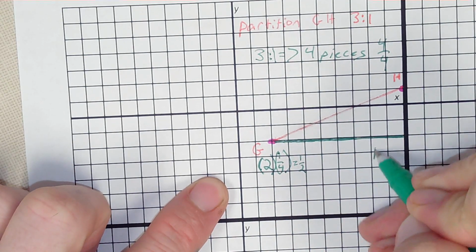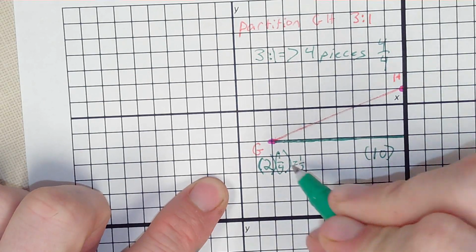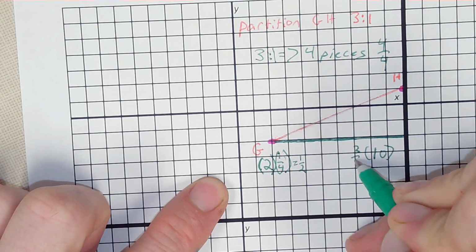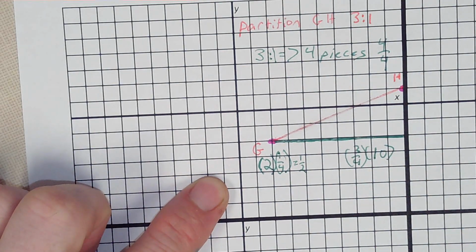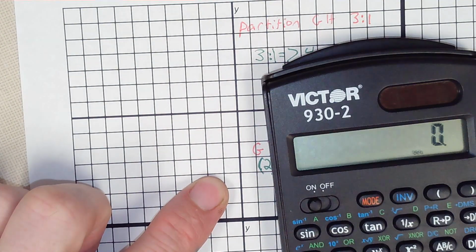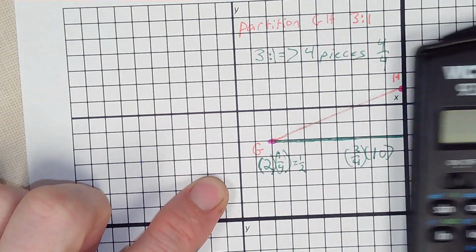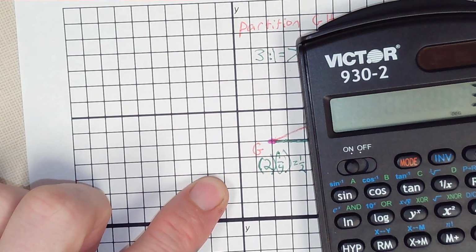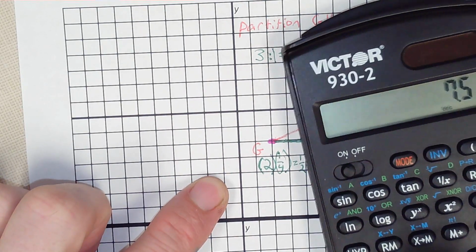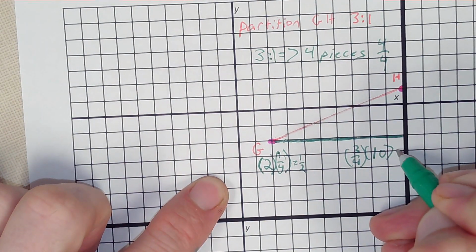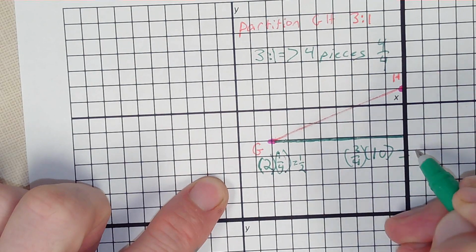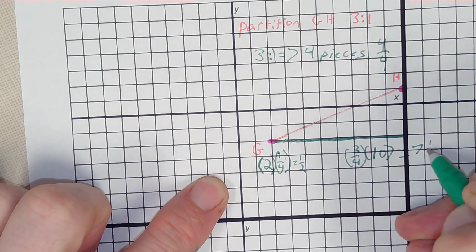It's going to be 10 times the rest, which is 3/4. 10 times 3/4 equals 7 and a half.